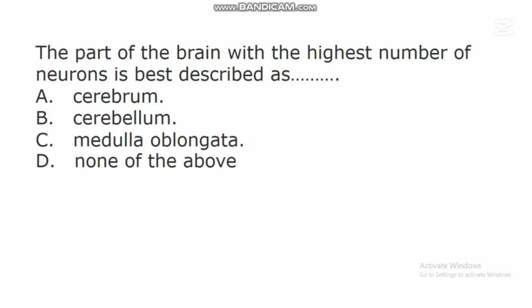In this question, the correct answer is B. Cerebellum. Cerebellum is the part of the brain with the highest number of neurons. Studies have shown that this cerebellum is the part of the brain with the highest number of nerve cells when compared with other parts of the brain.